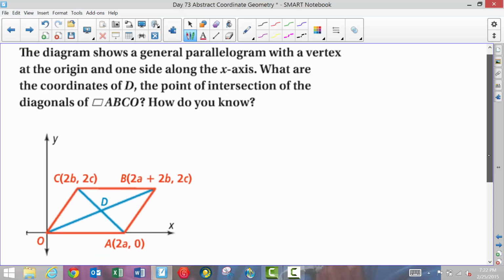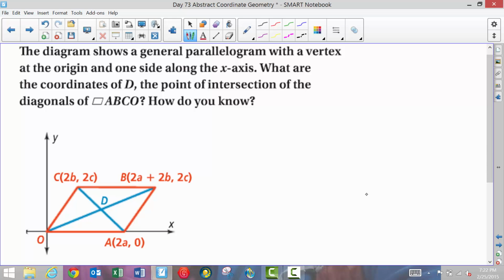Here's a good example for the midpoint formula. So I have a general parallelogram with a vertex at the origin, one side along the x-axis. What are the coordinates of D, the point of intersection of the diagonals? Well, I can find coordinate D by doing the midpoint of C to A. Because if I use the midpoint formula and my diagonals have the same midpoint, it proves that the diagonals bisect each other.